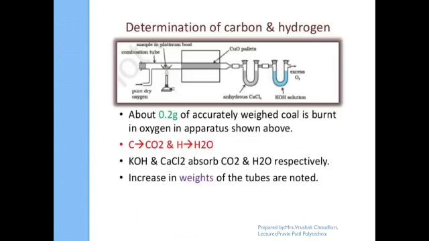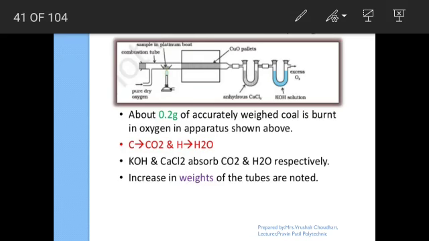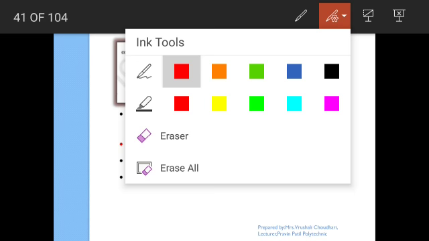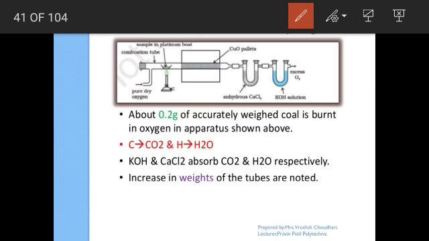So here we are taking the coal sample and burning it in the presence of oxygen. It is converted to carbon dioxide and water, and we are passing this carbon dioxide and water through the calcium chloride tube and the KOH tube.